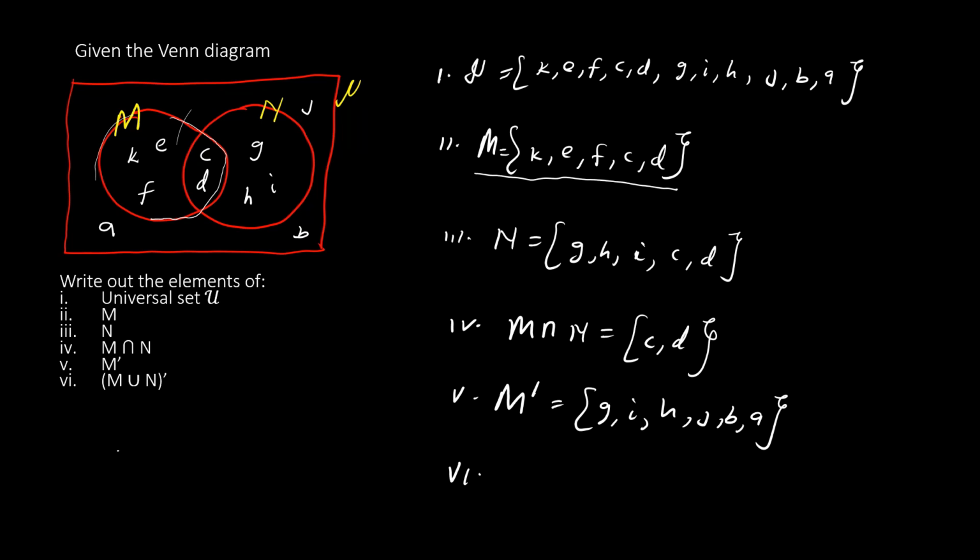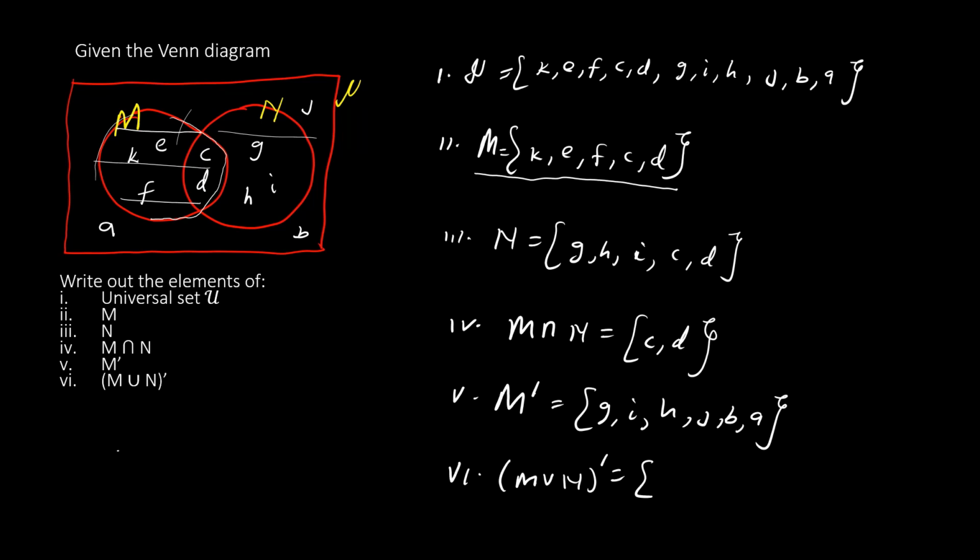The last one, which is the sixth one, is M union N complement. These are the elements in the universal set that are not in M union N. For M union N, we have all this, as we saw in the previous slide.